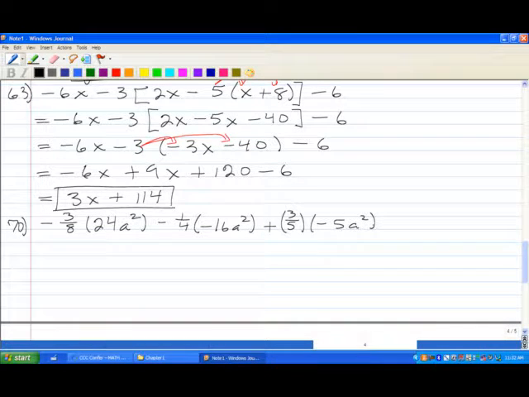Okay, well, let's simplify this. Negative times positive is negative. 24 divided by 8 is 3, times 3 is 9, a squared.